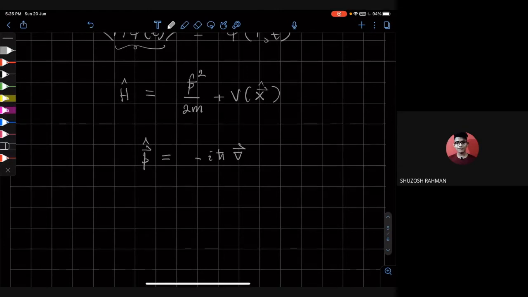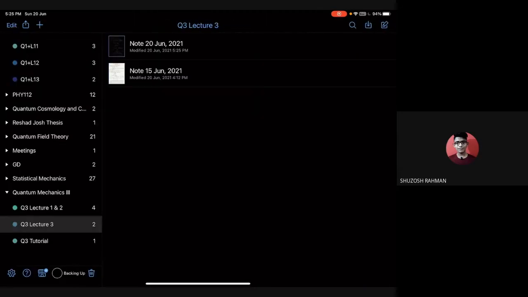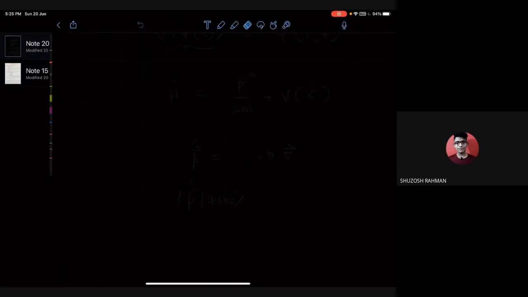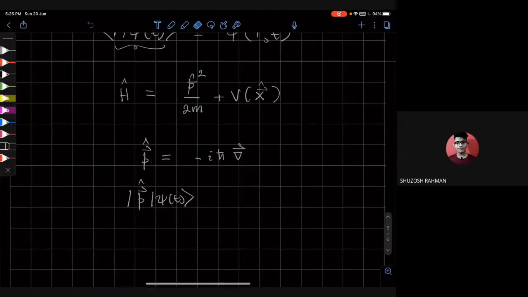So that in the position representation, if you take P acting on psi of t, and take the inner product of this with the bra r, then you get minus i h bar, the gradient operator acting on psi of r and t.